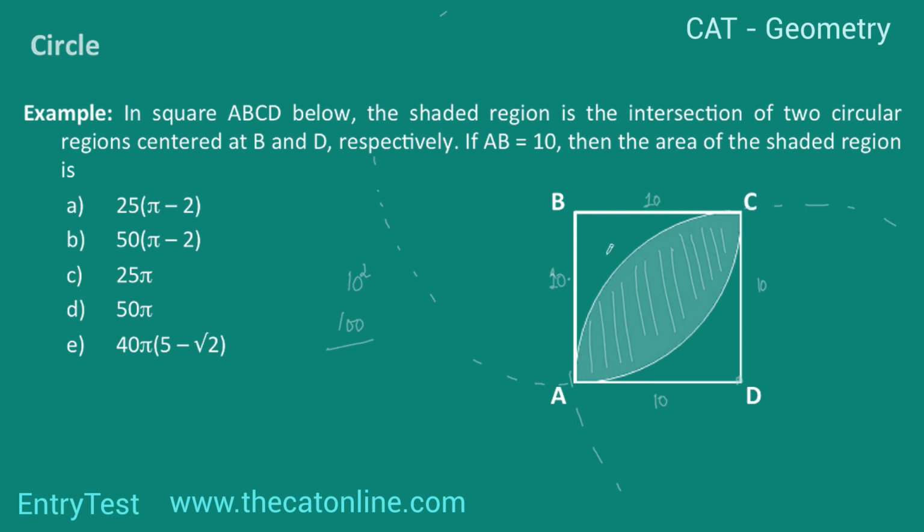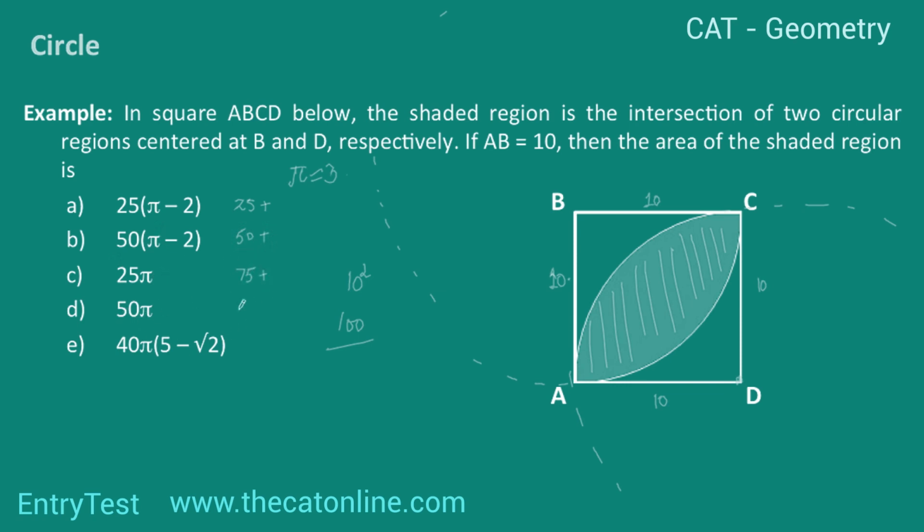So if I try to figure this out, I will eliminate options by putting pi approximately equal to 3. So 3 minus 2 is 1. The first option gives 25 plus, approximately 50 into 3 minus 2. The second option is saying 50 plus. The third option is saying 25 into 3, so it is 75 plus.